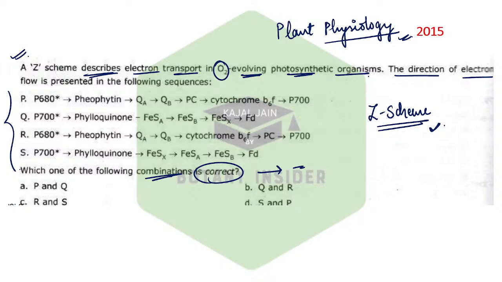Three of you are there, others also. Everyone participate, try to recall. If you have studied photosynthesis, this is the very first mechanism which we study. So you should be able to recall it. Try the question, everyone.